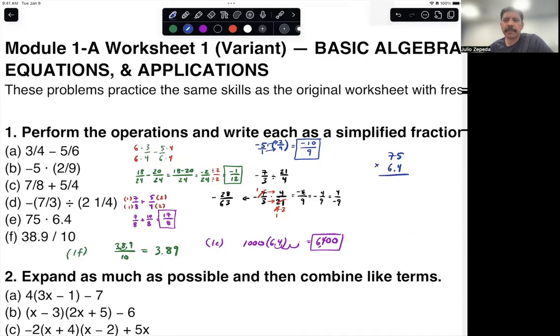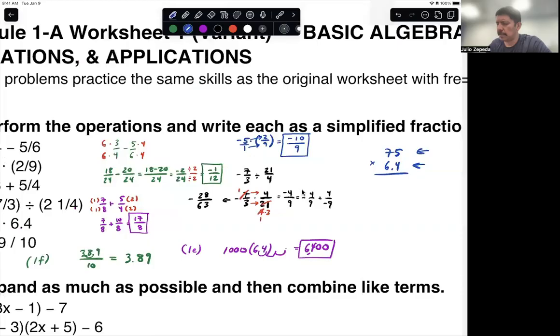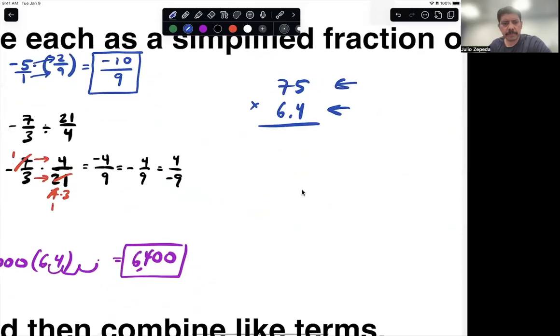So we just carry out the multiplication, and then the final answer is going to have the same number of decimal places as the sum of the number of decimal places that we have here. So we have 0 decimal places in the 75 and 1 decimal place in the 6.4. And so our answer should have 1 decimal place. So let's go ahead and just carry out the multiplication.